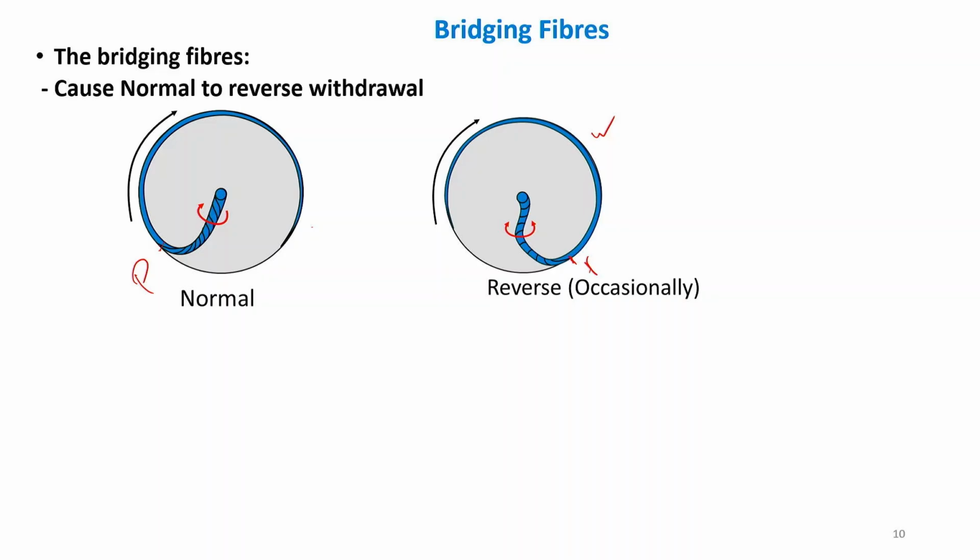But with the effect of the bridging fibers, sometimes the direction of the peel off point changes occasionally, but as soon as the effect of the bridging fiber goes off, it immediately turns to normal withdrawal. And in reverse withdrawal, the direction of rotation of the peel off point is opposite to that of the rotor direction.